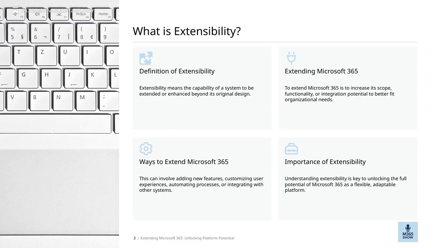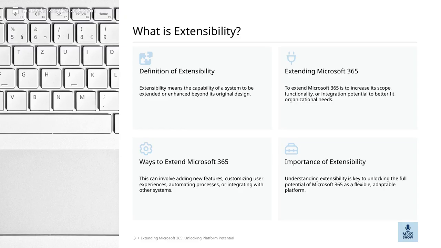The idea is to make Microsoft 365 more than just a set of tools. It becomes a flexible environment that grows with us. When we say ways to extend, we're referring to increasing its scope, its capabilities, or how well it connects with other solutions. It's about making the platform work better for us in the way we need it to.